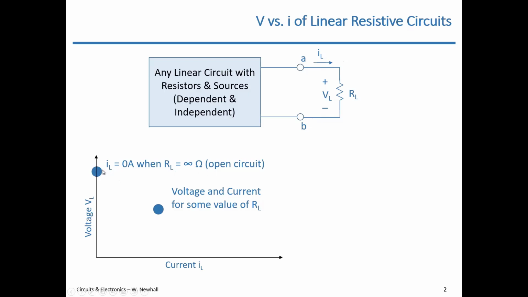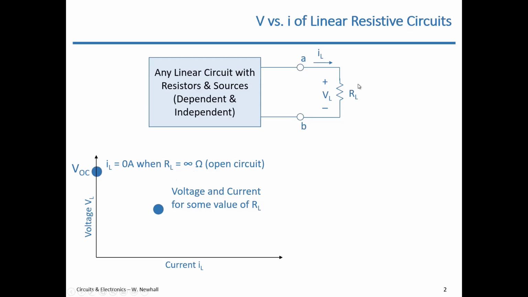Well, we're going to give that dot on this plot and that load voltage a special name. It's going to be called VOC, the open circuit voltage. So that's VOC, the open circuit voltage when R sub L is infinity, when I have an open circuit.